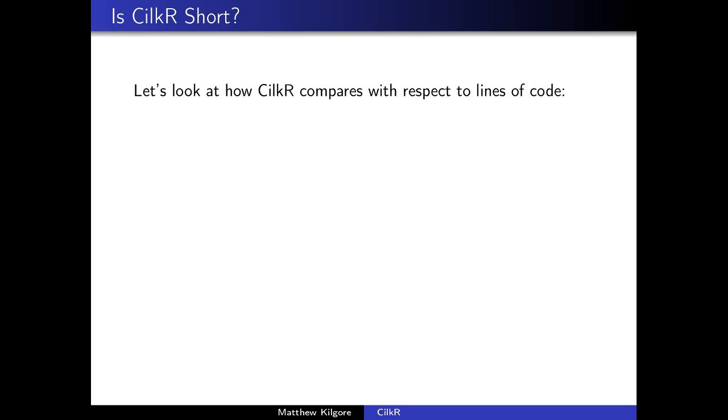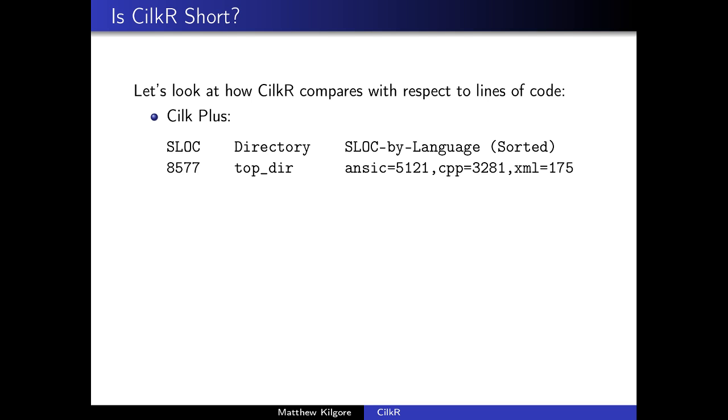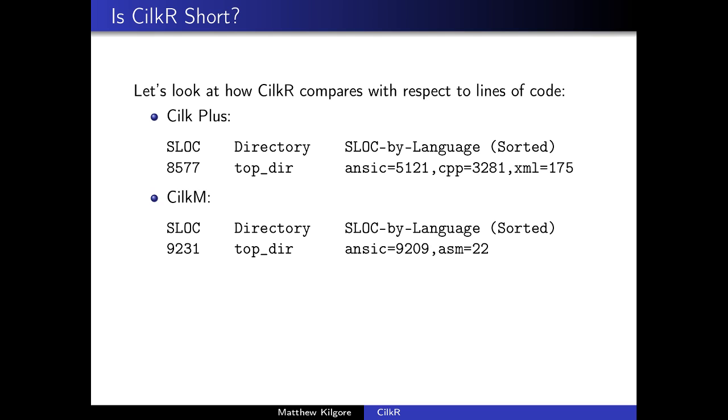Now, is CilkR short? As you may recall, we ran SLOCCount on Cilk+, and we got around 8,500 lines of code, which is fairly large. CilkM, when we did the same thing, actually came in a bit higher at 9,200 lines of code. Most of that was in C, and there was a bit of inline assembly.